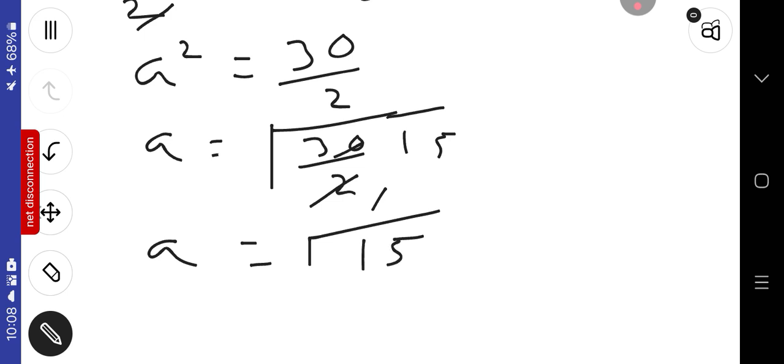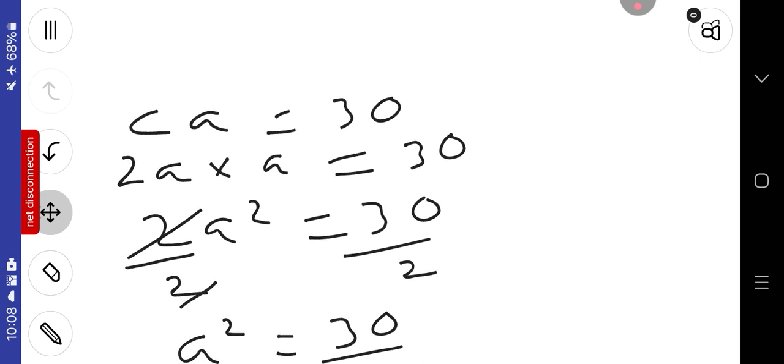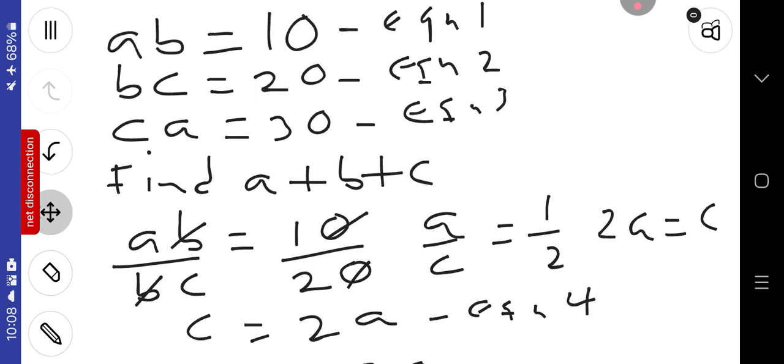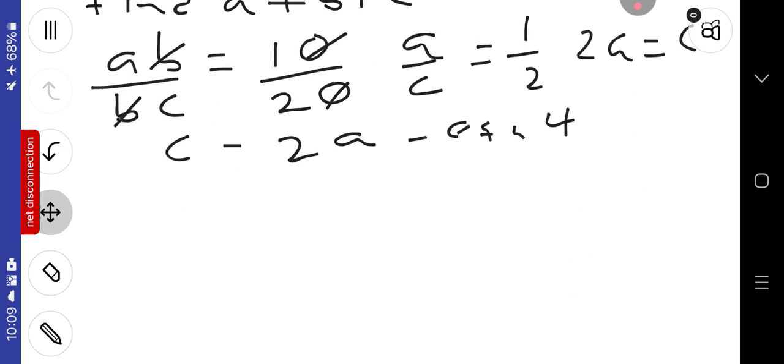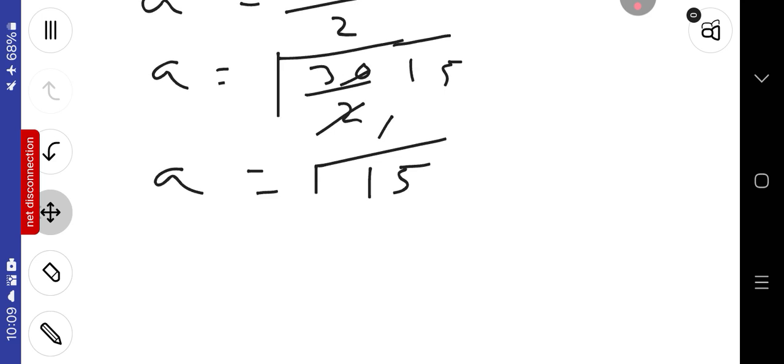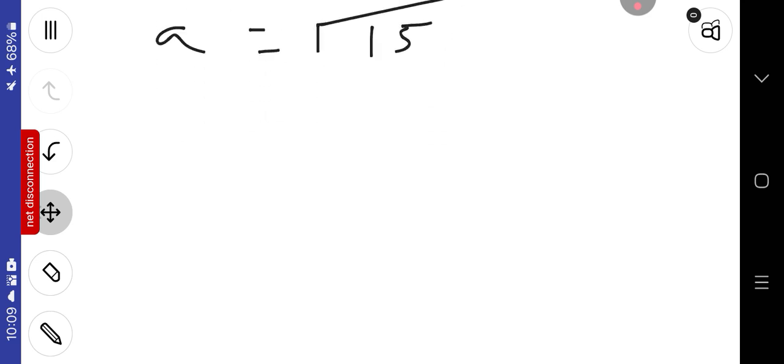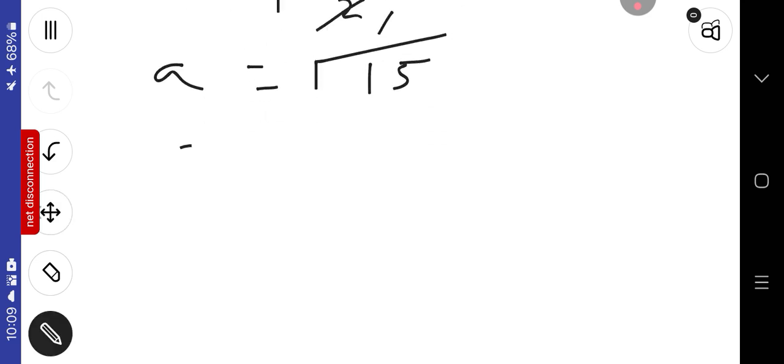Are you there? Now we know the value for A. Now let's go back to our previous equations. We have already said that AB is equal to 10 in equation 1. So we can put the value of A into equation 1 and find the value of B. So from equation 1, AB is equal to 10.